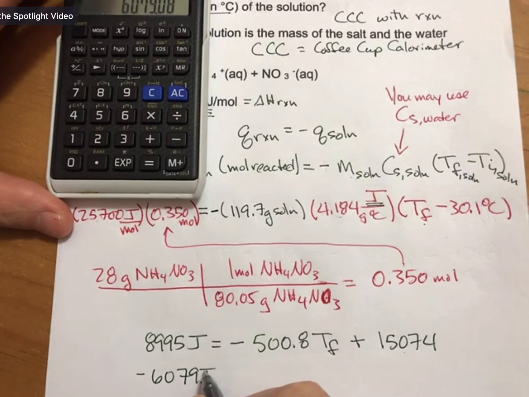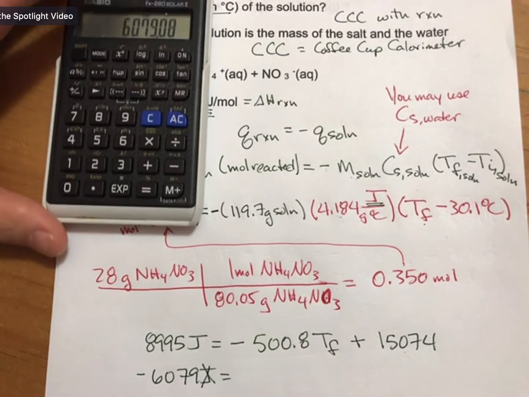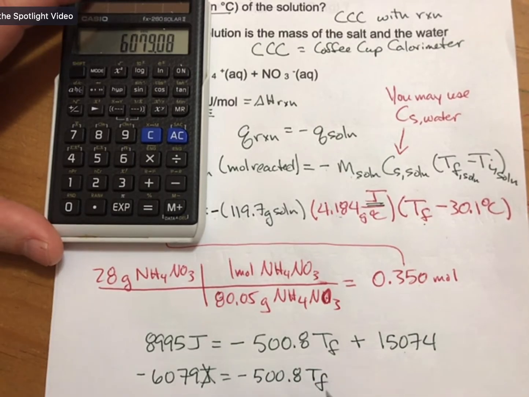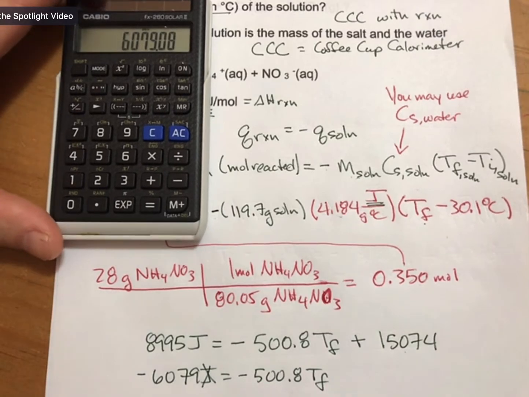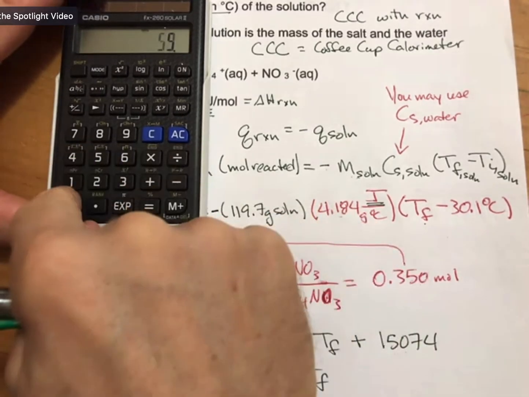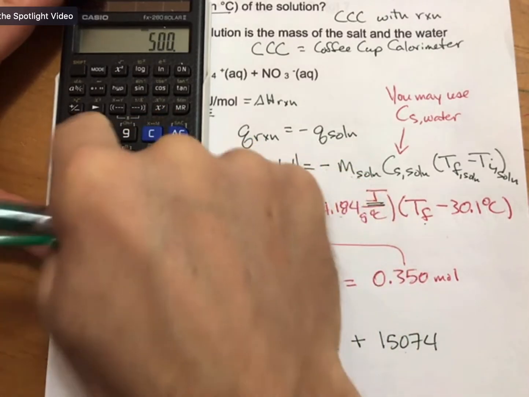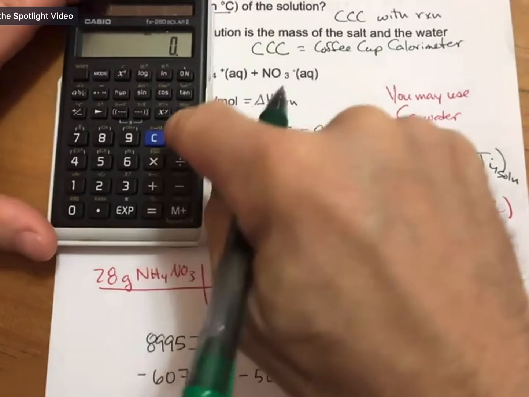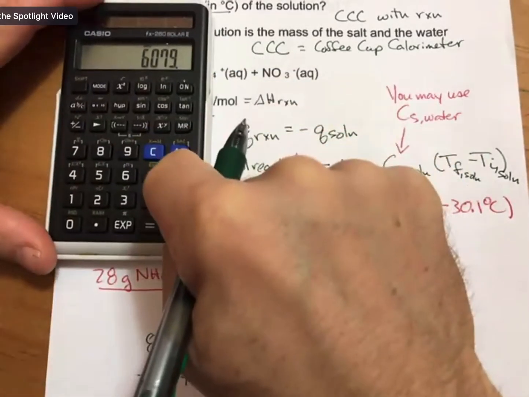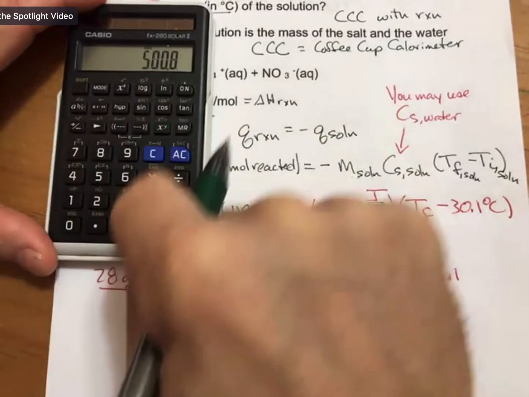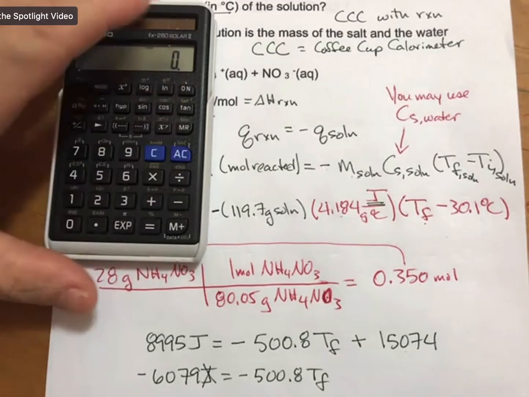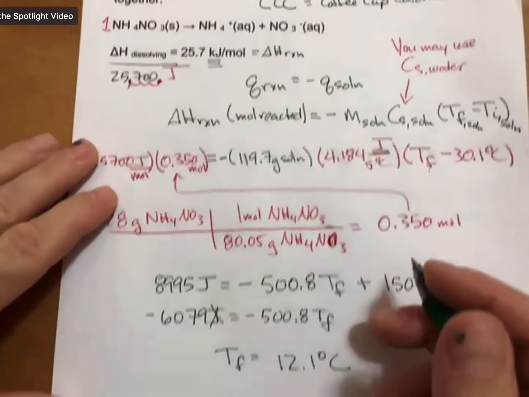I'm just going to drop my units here, as much as I love them, equals minus 500.8 T sub F. And T sub F equals 6,079 divided by 500.8, which is 12.1 degrees Celsius. I wasn't sure there because I thought I typed something incorrectly, but there we go.